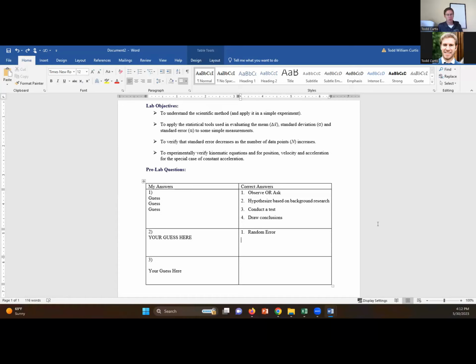If you ever have an experiment where every single answer is identical, I would be skeptical looking at your results of whether or not you did it well and measured to the accuracy of your tool. Because if you're just rounding and they all come out the same, well, there's probably more accuracy in the tool than that shows. So random error, normal, you want to try to minimize it, but it's always going to be there no matter what.